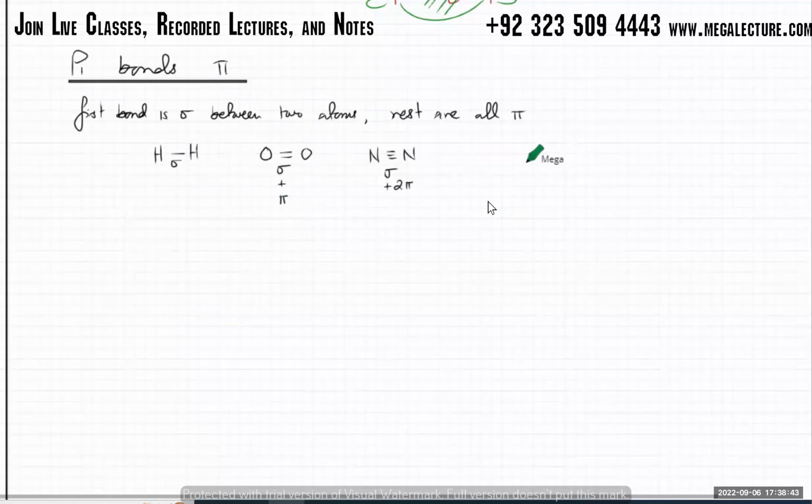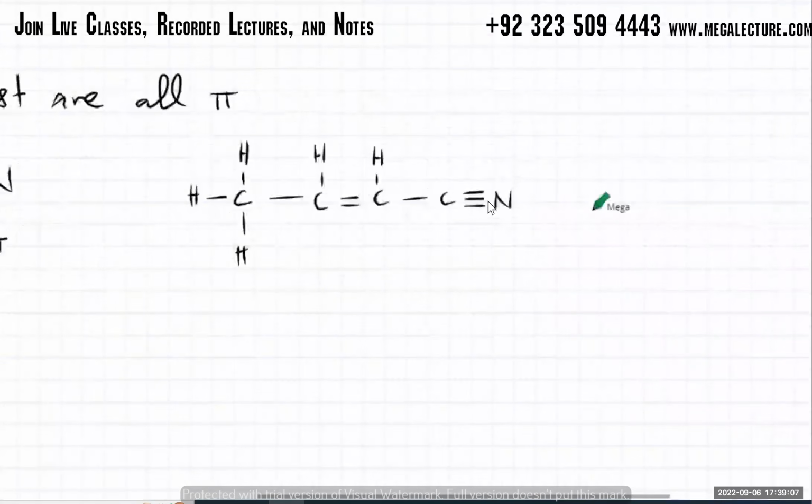अगर कोई बड़ा molecule कर लेते हैं, let's say you've got CH3, अच्छा इसके अंदर इस molecule में figure out करना है कि how many sigma and pi bonds you got.